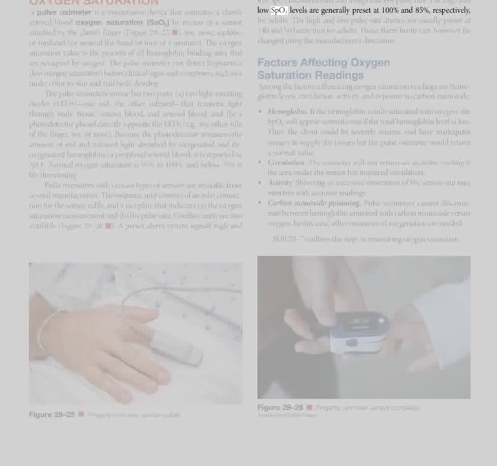Figure 29-25 Fingertip oximeter sensor, adult. Figure 29-26 Fingertip oximeter sensor, cordless. The high and low SpO2 levels are generally preset at 100% and 85%, respectively, for adults. The high and low pulse rate alarms are usually preset at 140 and 50 beats per minute for adults. These alarm limits can, however, be changed using the manufacturer's directions.